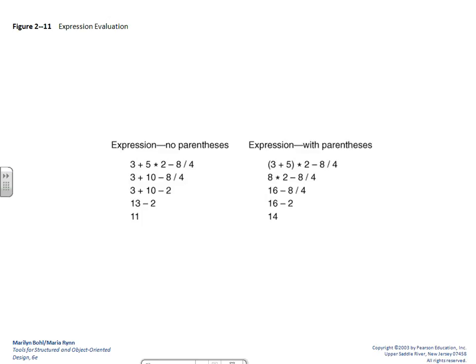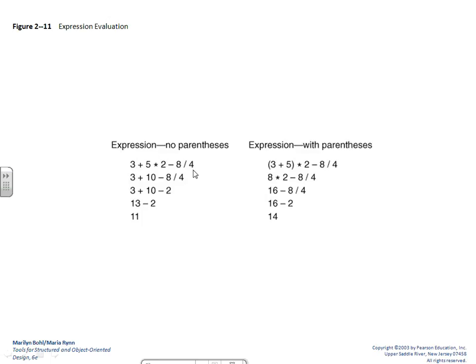If we have multiple multiplication and division back to back, we will go from left to right. After that, we're going to go to addition and subtractions. Again, if we have several addition and subtraction side by side, we're going to go from left to right.